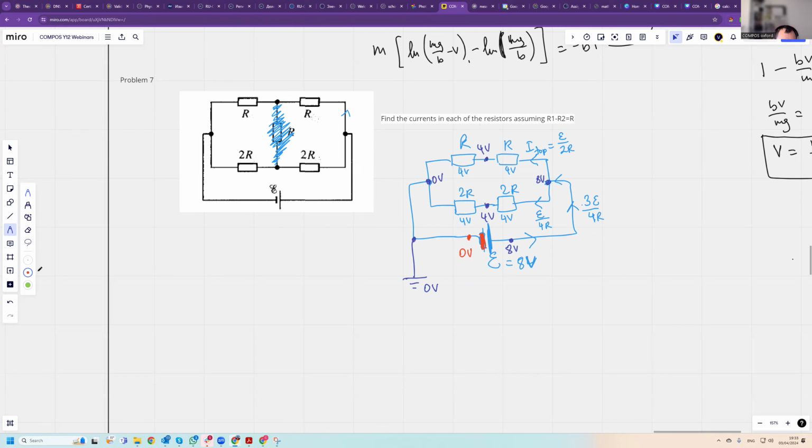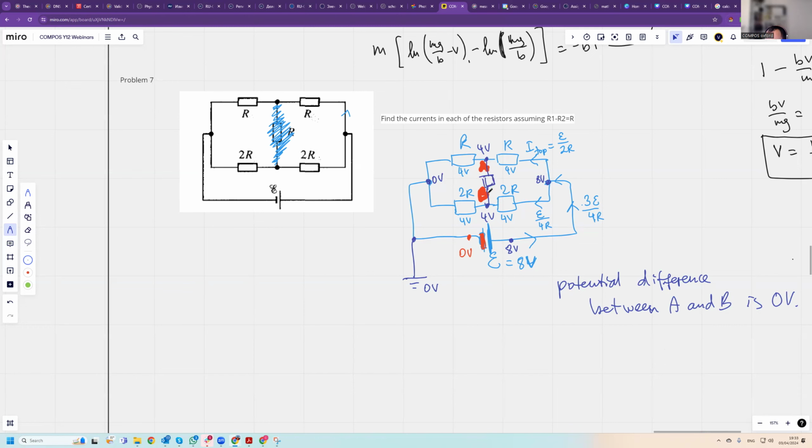That means the potential difference between points A and B is 0 volts. Yes, that means if you connect a resistor here, there will be no current through it.